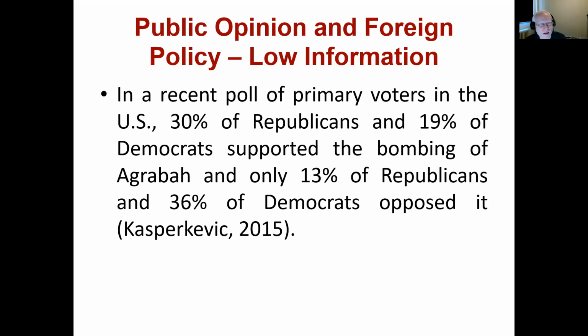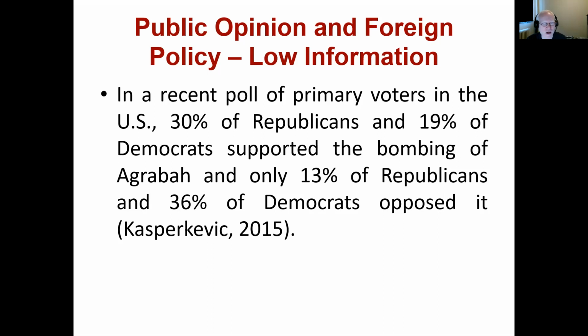Now, 30% of Republicans, almost a third, and 20% of Democrats supported the bombing of Agrabah. So what did Agrabah do to the US? What were the crimes that were leading people to support bombing it? Well, think for a minute about where Agrabah is located.